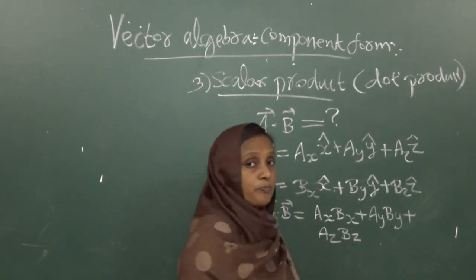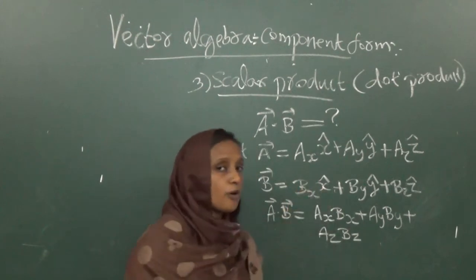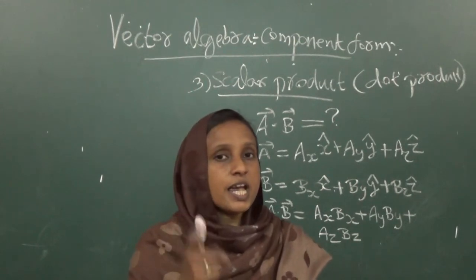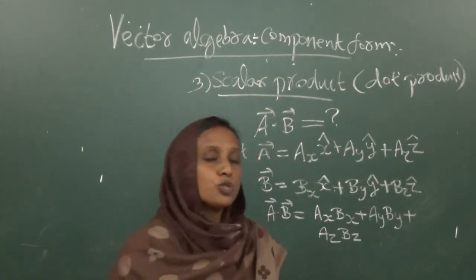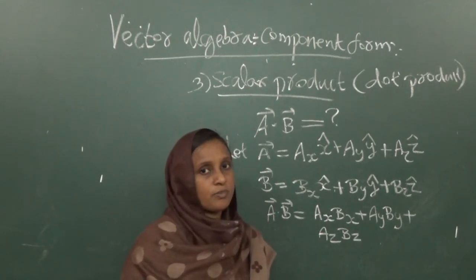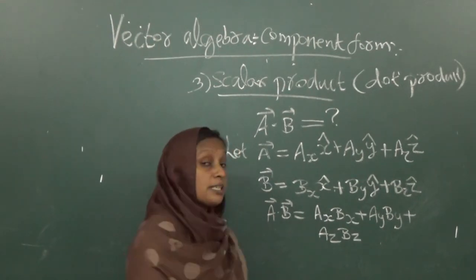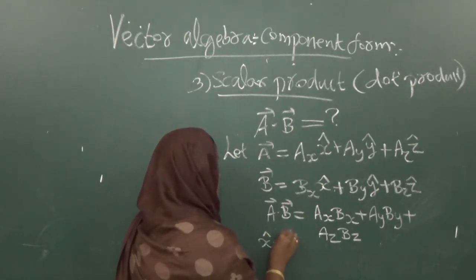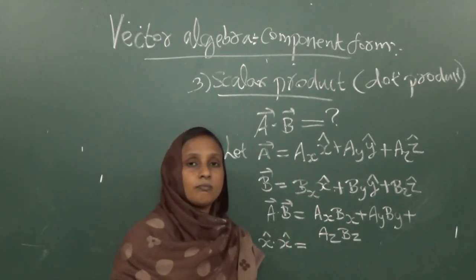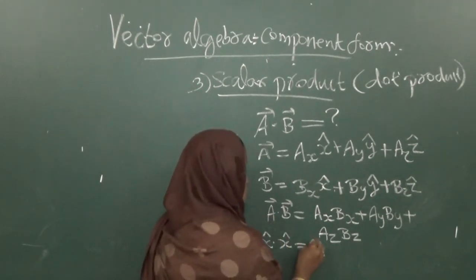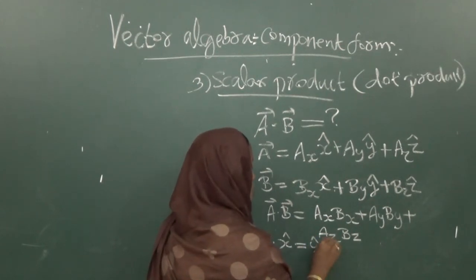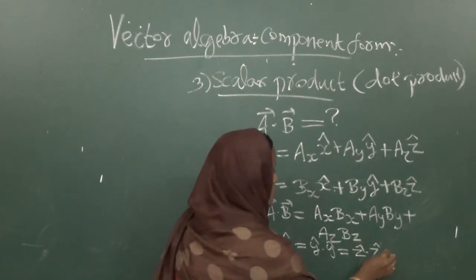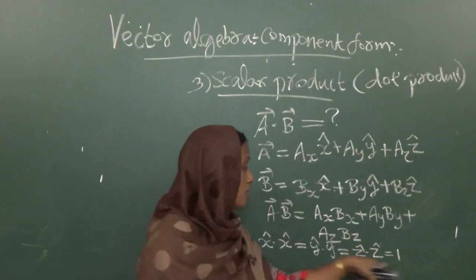How do we get this? Because we already found that our Cartesian coordinate system is mutually perpendicular. The x, y and z axes are mutually perpendicular. So what is its output? If you find x cap dot x cap, it gives you 1. Similarly, y cap dot y cap and z cap dot z cap all give 1 because all these are unit vectors.